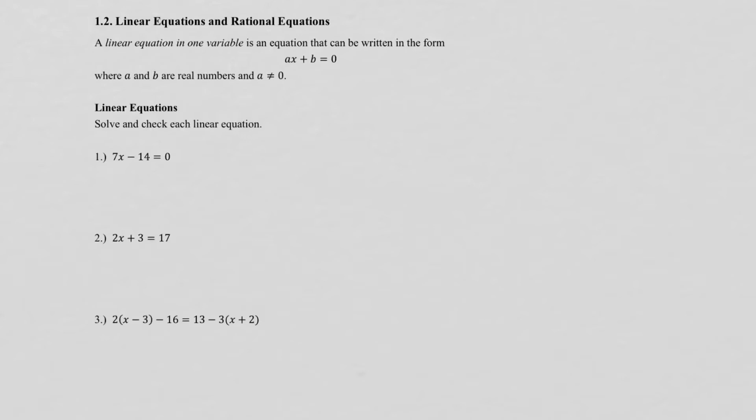First of all, a linear equation in one variable is an equation that can be written in the form of ax plus b equals 0, where a and b are real numbers and a does not equal 0. So basically, what we're going to be talking about later when we talk about graphing is this kind of looks like y equals mx plus b, okay?